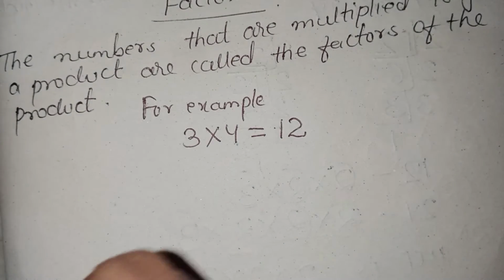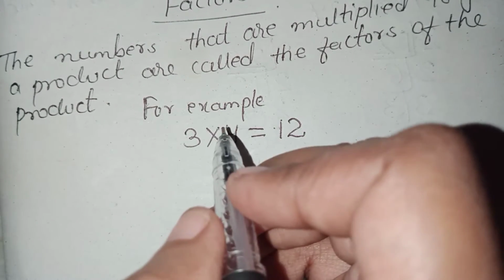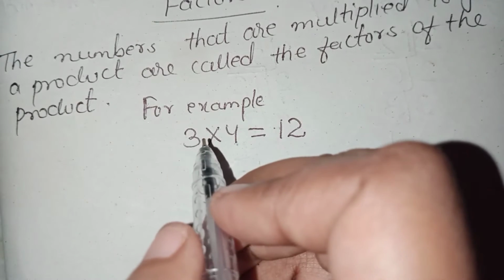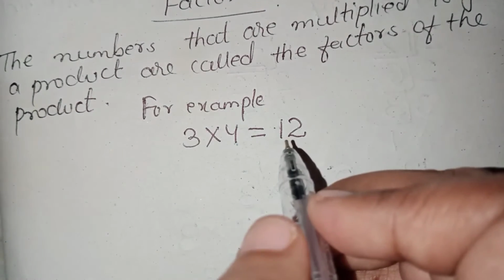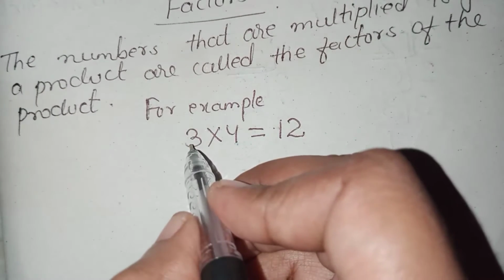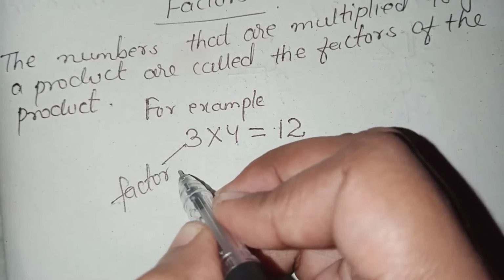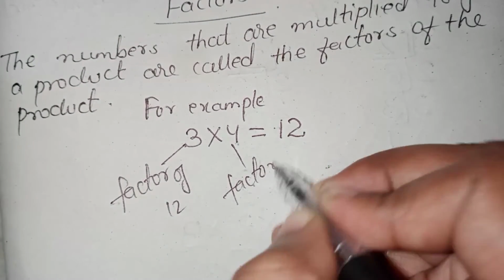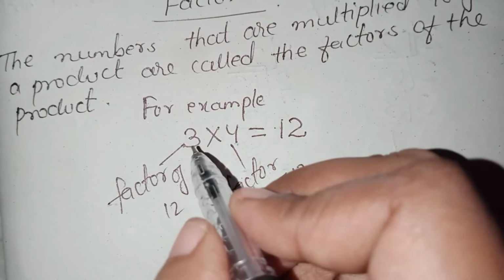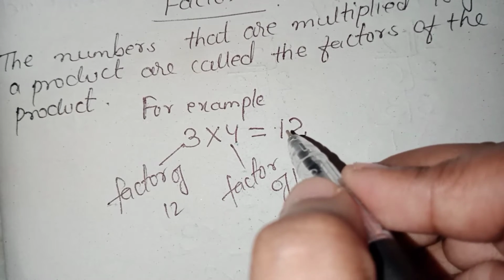So what I said, the numbers which are multiplied, and the product we get by multiplying them, these numbers are the factors of the product. This 3 is the factor of 12. 4 is the factor of 12. So this multiplicand and multiplier are the factors of the product.